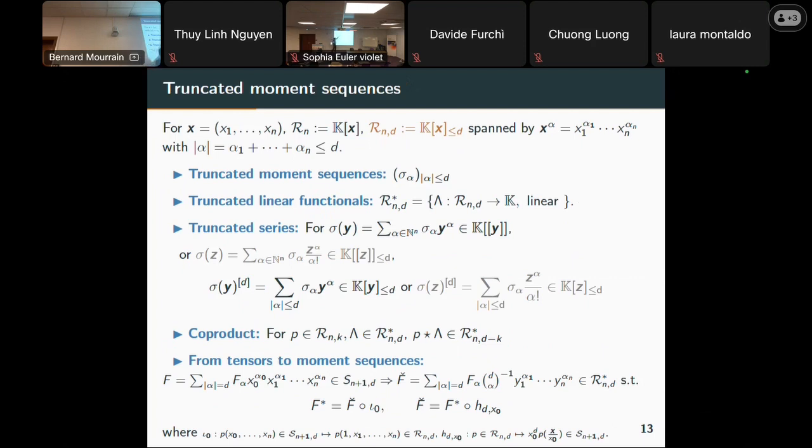And truncated series. When we are given the series in K[[y]] or in K[[z]], we define, actually it's a typo here, we define the series truncated in degree d as the series where the exponents are taken up to d.